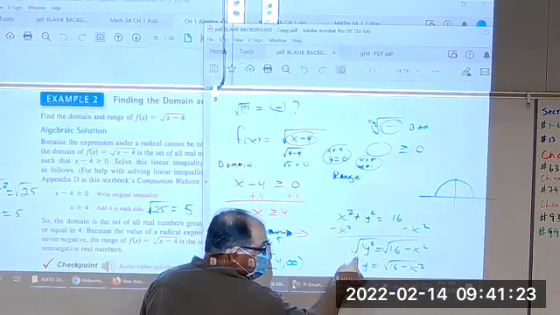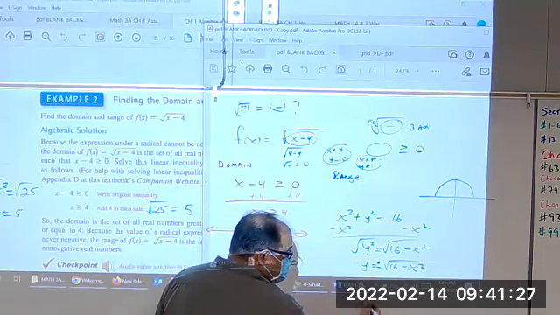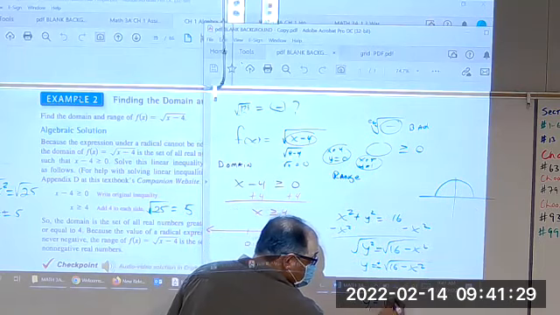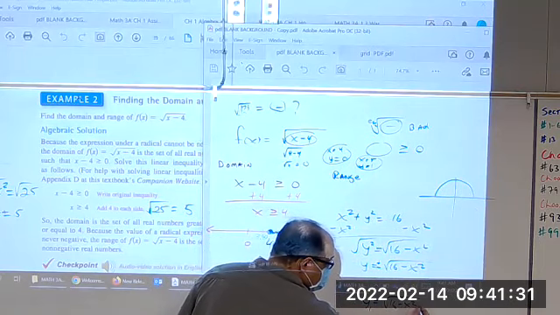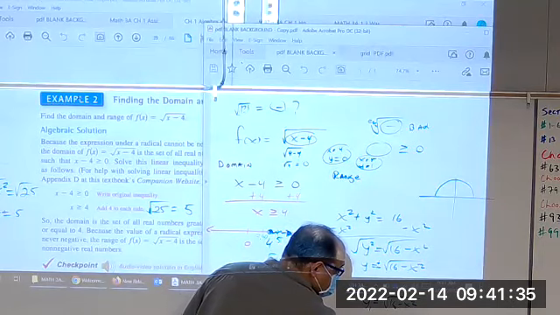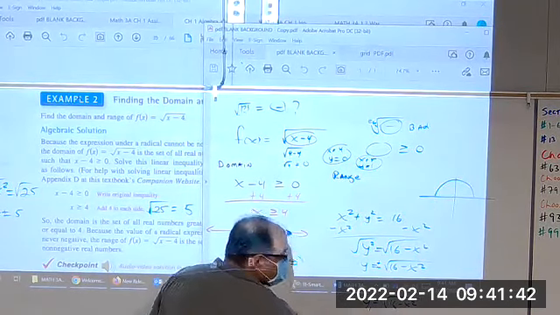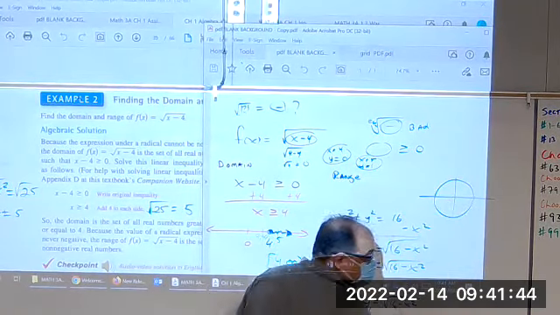Remember, we were solving for y, so you put plus and minus. Your y sub 1 was the positive square root of 16 minus x squared. Your y sub 2 was the negative square root of 16 minus x squared. You put this in for y sub 1, that's the top. When you put this in for the bottom, it gives you the circle.